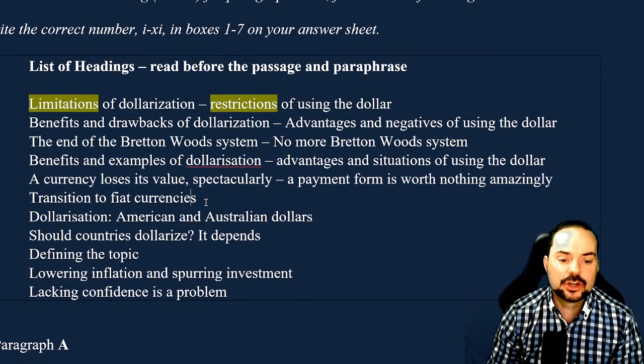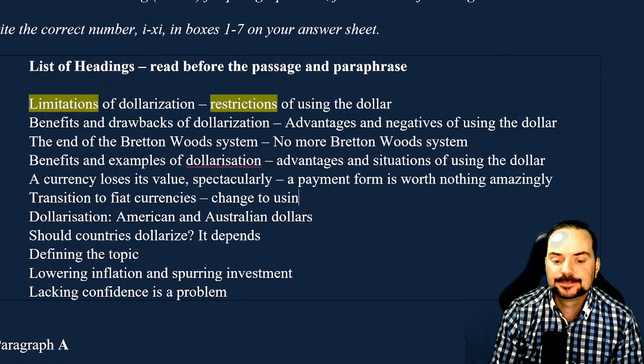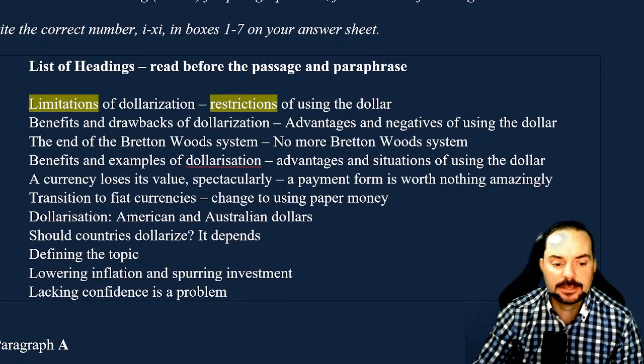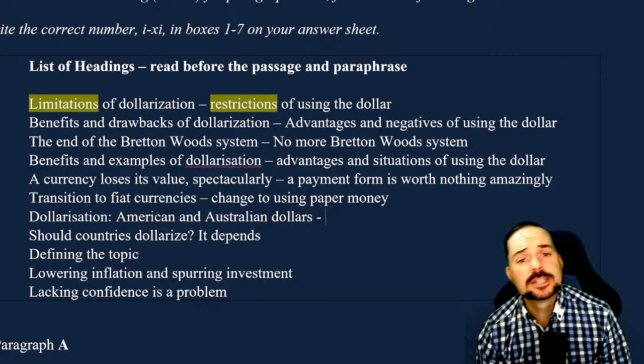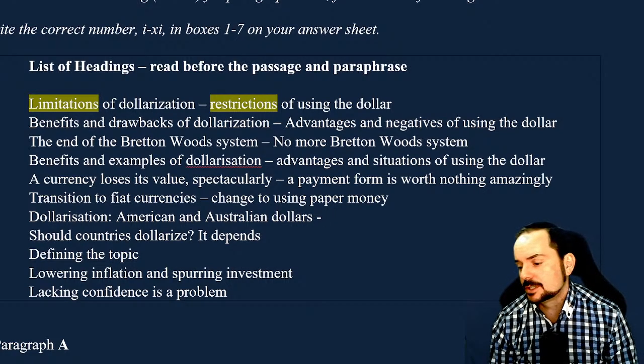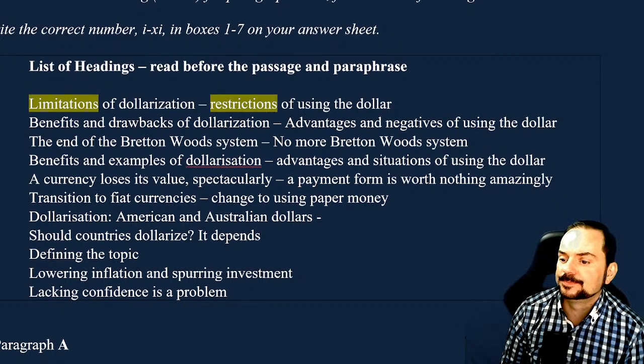Transitions to fiat currency. Change to using dollars or money, paper money. Say that. If you don't know a word, look it up in the dictionary. If you're not sure of a synonym, use the thesaurus. Okay? All right.